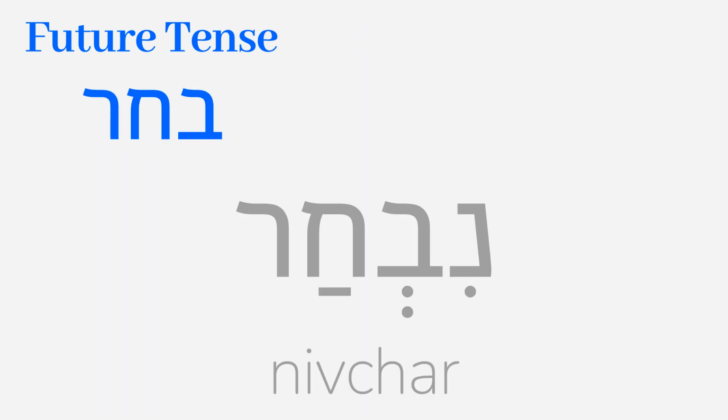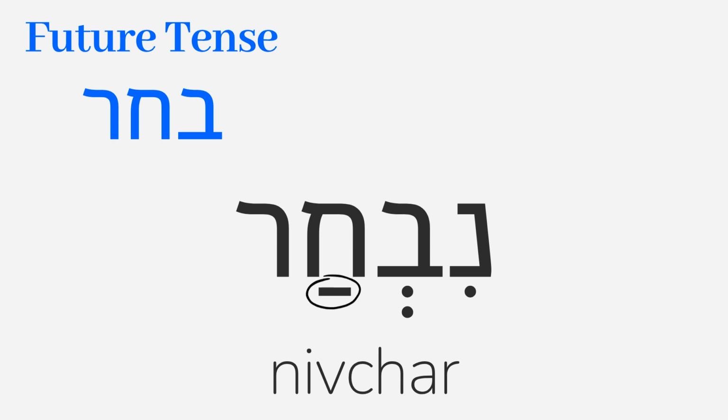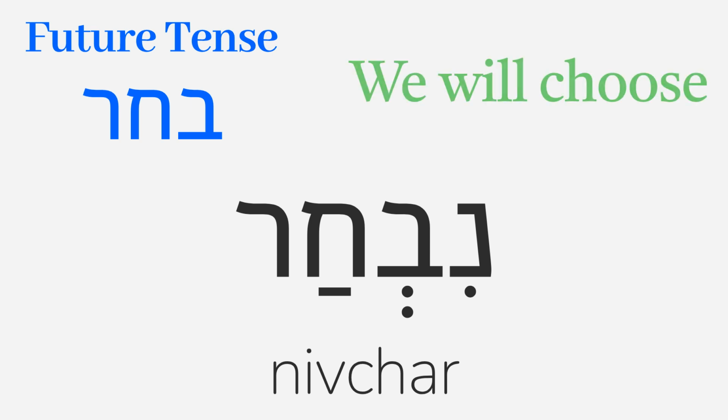If the second letter of a root is an aleph, ein, chet, or hey, the vowel on that second root letter will also be a patach. With the root beit, chet, resh, we can make the verb we will choose as nivchar, with the ni prefix, which shows that the subject is we, and the vowel on the second root letter, which is a chet, as a patach, nivchar.